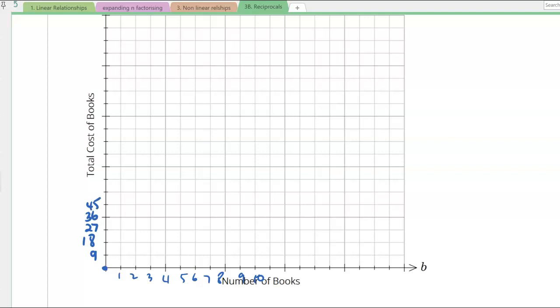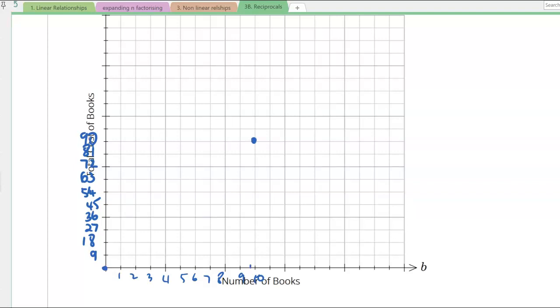So 10 books, it's going to cost $90. Oops, that would help if I could do this. I went from 9s to 6s. 63, 72, 81, 90. That's what I'm looking for. 10 books, $90. You don't have to plot every single point. You might want to plot a couple.